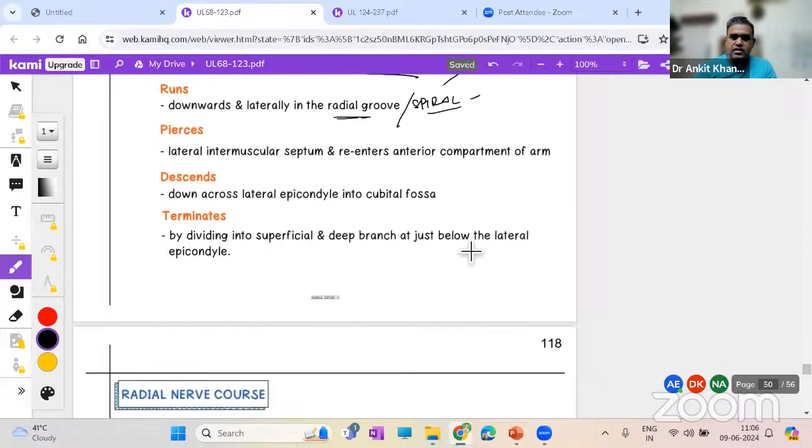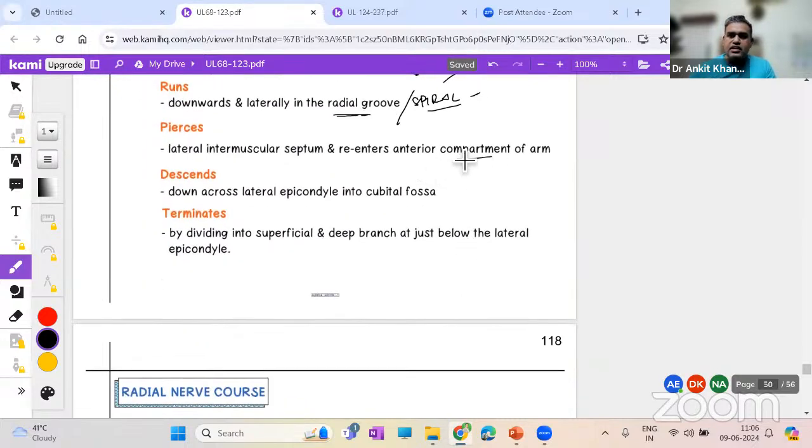Then it re-enters the anterior aspect of the arm. You should know where it is lying: it is lying in the lateral aspect of the cubital fossa. So first it is behind the arm, then as it reaches the elbow, it is in front, in the lateral aspect of the cubital fossa.